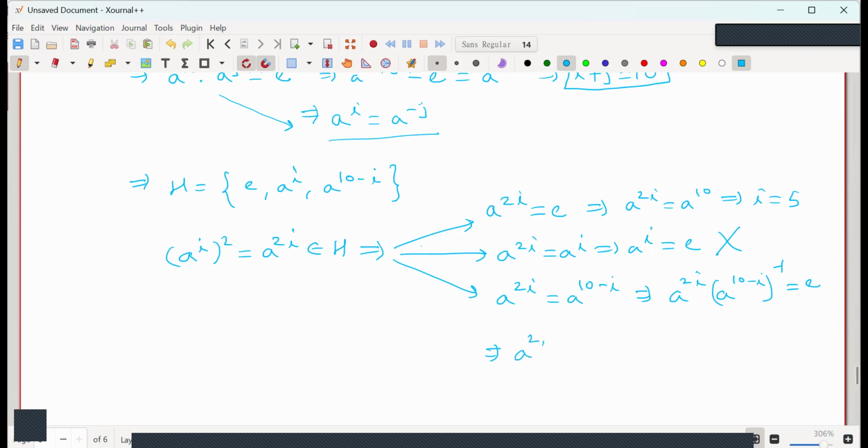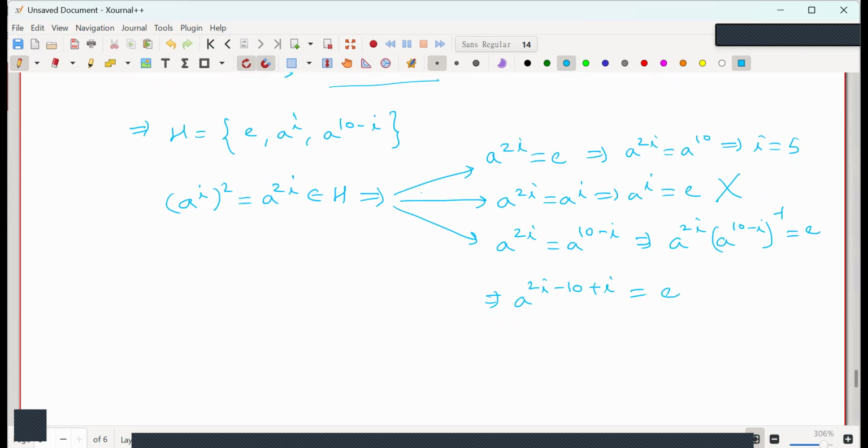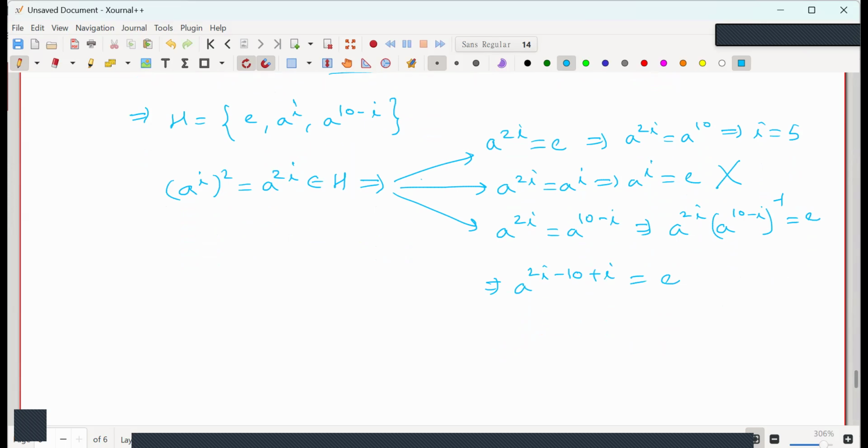So this will be a^(2i minus 10 plus i) to be e. Is it okay? I am just taking minus inside this power. So a^(minus 10 plus i). This implies a^(3i minus 10) is again a^10, which implies some power of a^10, say 10 times k.